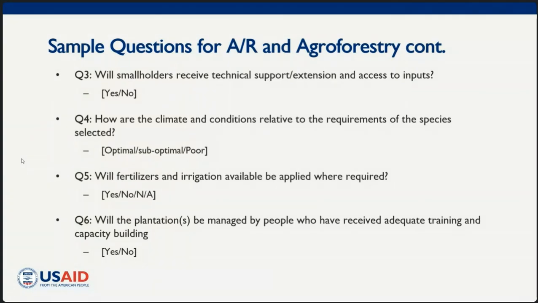Then the fifth question will be on whether you are using organic manure, or you are actually using mineral fertilizer and things like that. Those types of questions will also have an implication on the effectiveness rating. Now, the people who are going to manage this plantation, for example, will they have received adequate training and capacity building?